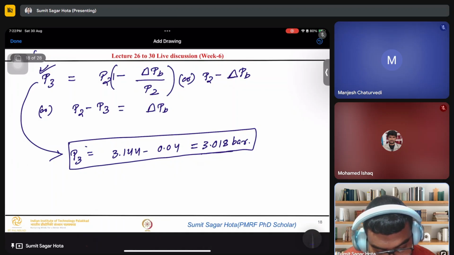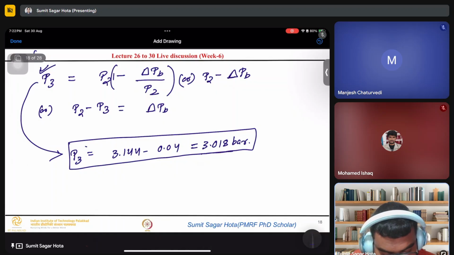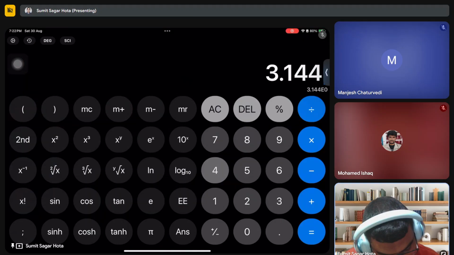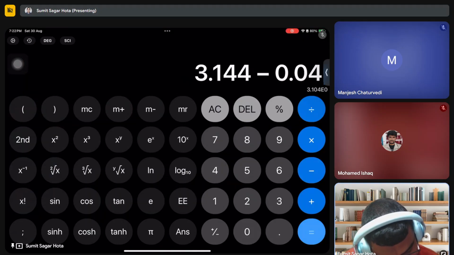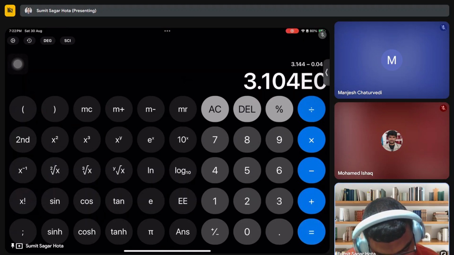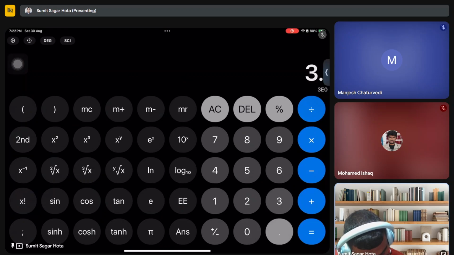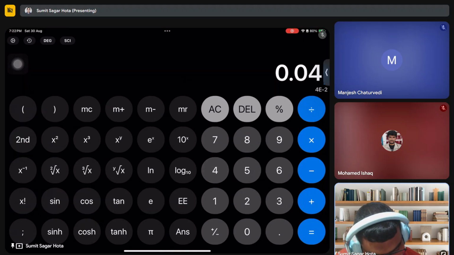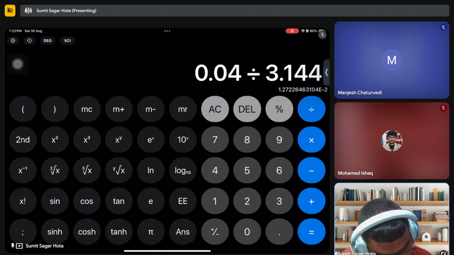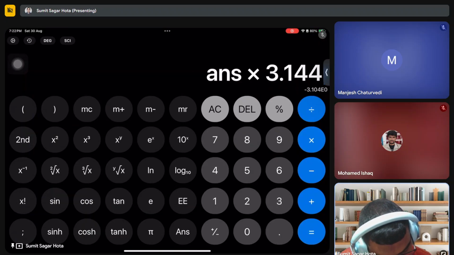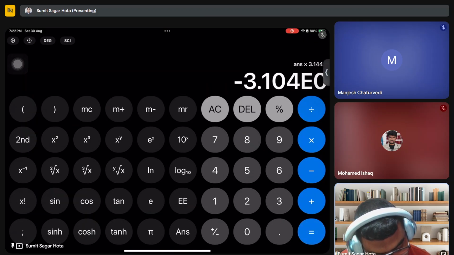Now what we will do, just a second. Other way we will do 0.04 by 3.144, then minus 1 into 3.144, which is 3.104.